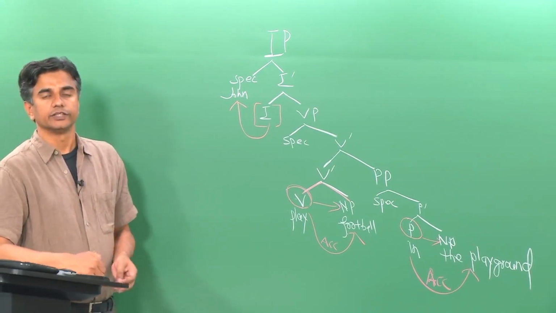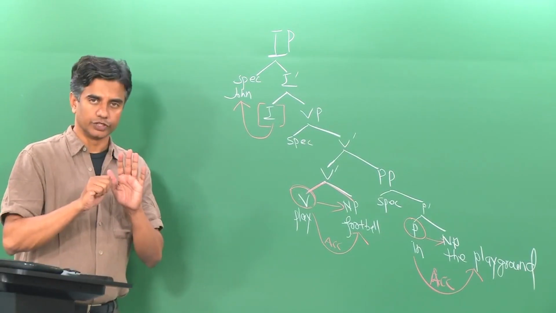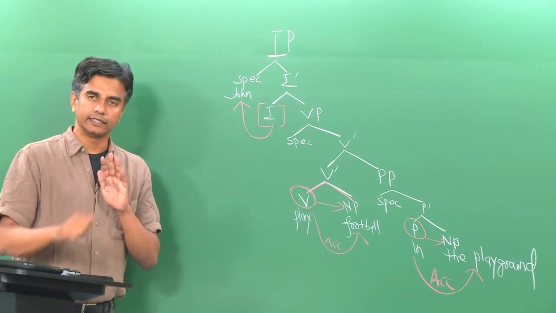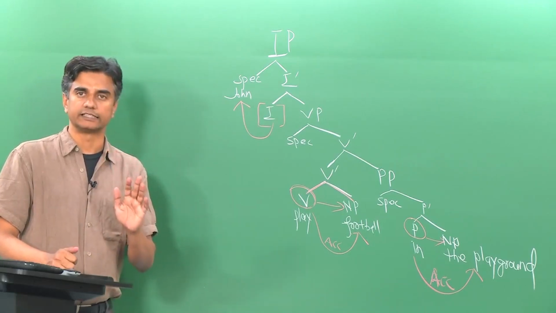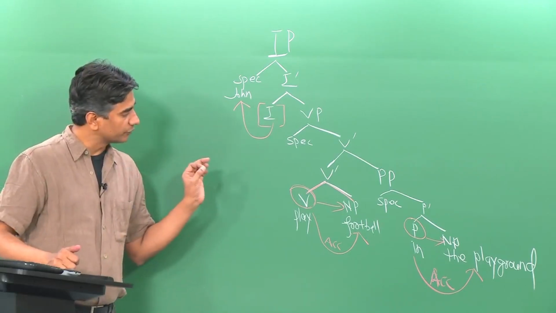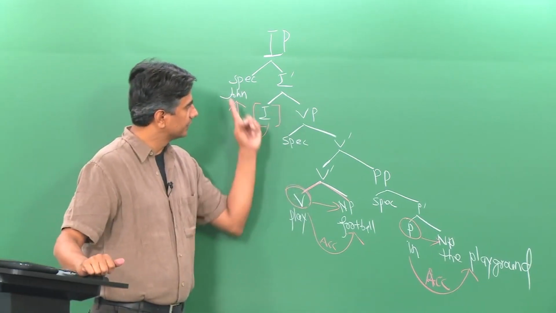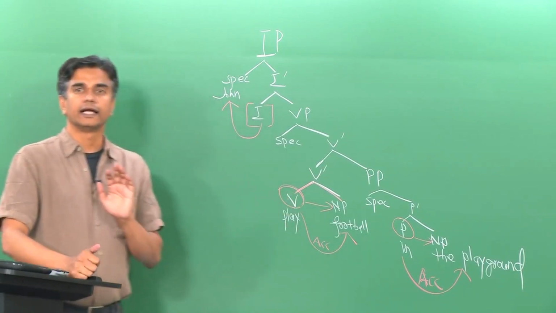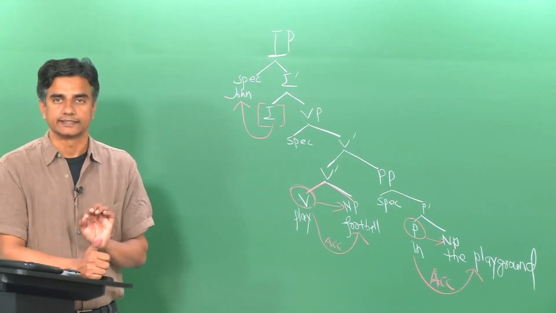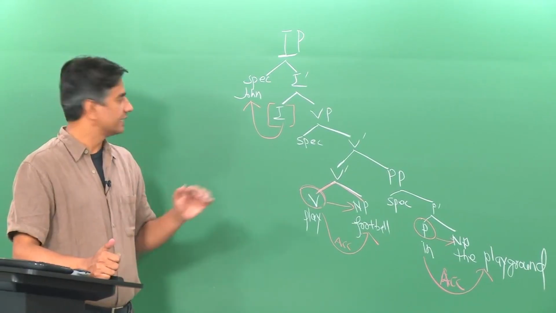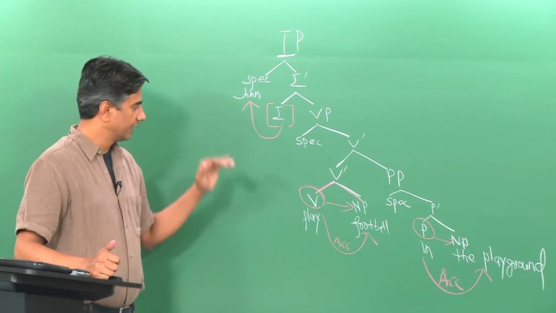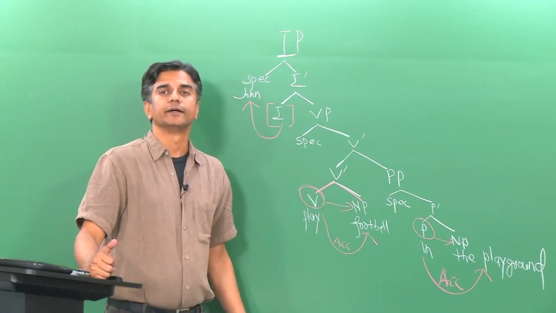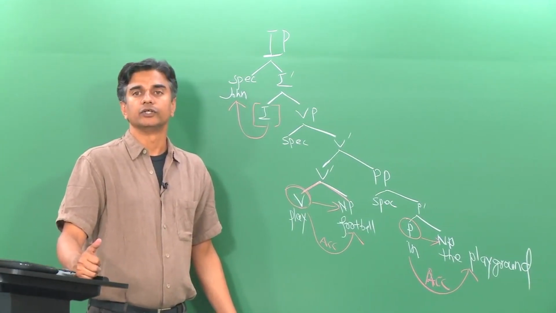All right. This much is good enough for us, because we can say that each of the noun phrases in the sentence, John plays football in the playground, has been assigned case: nominative case by I, and accusative cases by their governors, their heads, to the NPs.